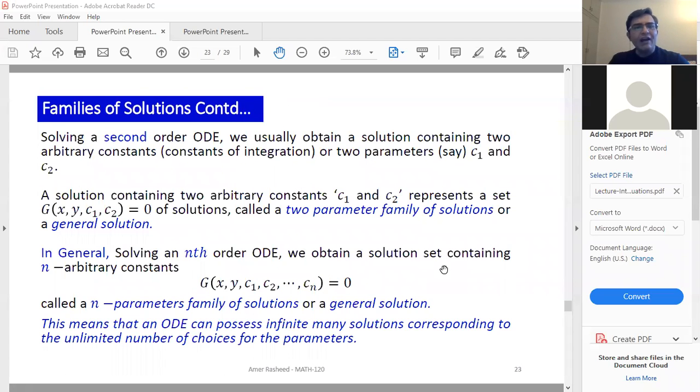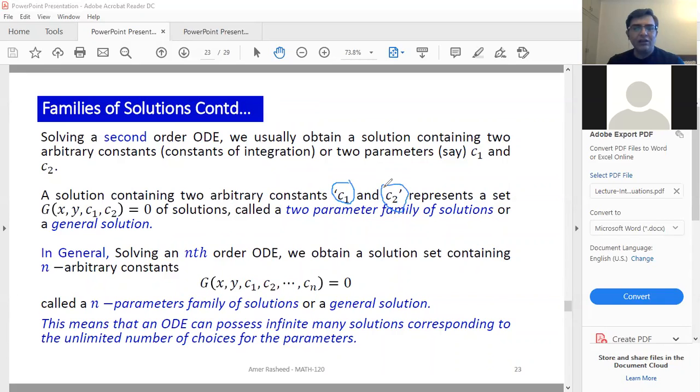Similarly, we can have a two parameter family of solutions if we try to solve a second order differential equation. A second order differential equation involves two derivatives. So in order to reverse these two derivatives, we have to do integration two times. If we do integration two times, we must have two integration constants, for example C1 and C2.